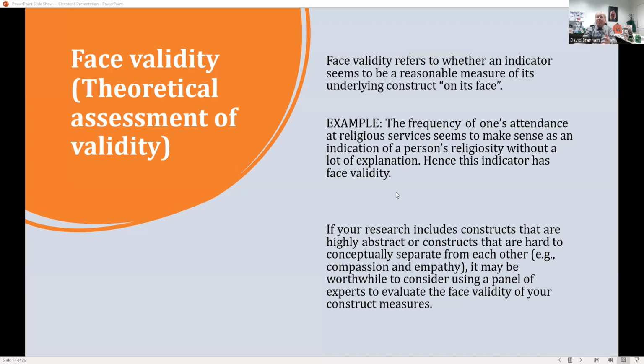If your research includes constructs that are highly abstract or constructs that are hard to conceptually separate from each other, like compassion and empathy, it may be worthwhile to consider using a panel of experts to evaluate the face value of your construct measures. If you don't have a panel of experts, go individually. If you're in a university, you can go into a department and go to people who've done this type of research before.